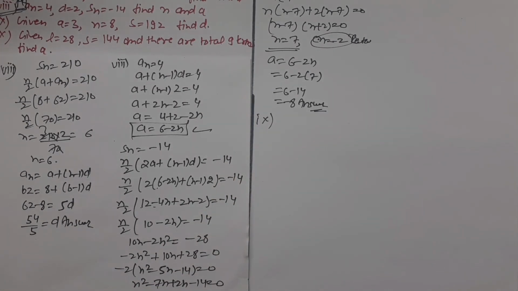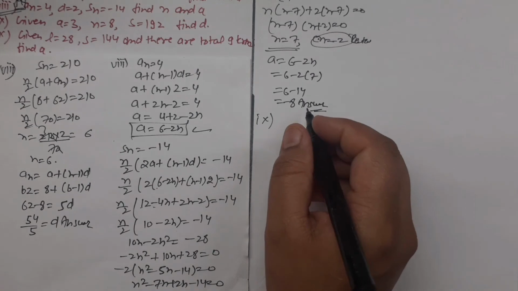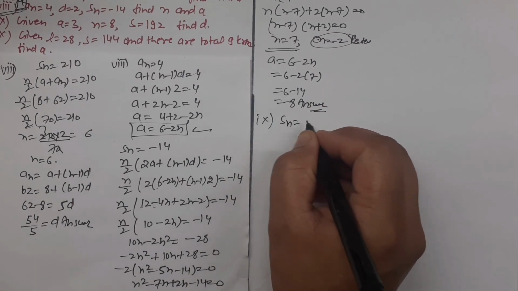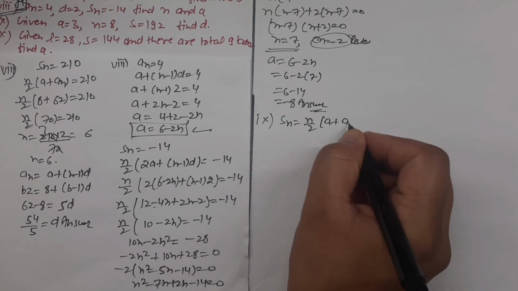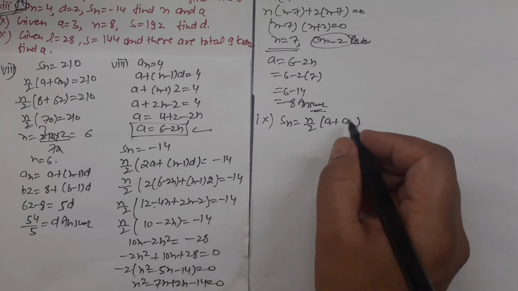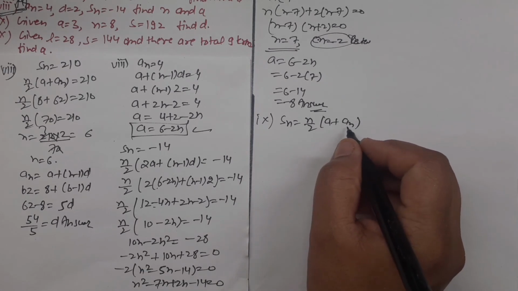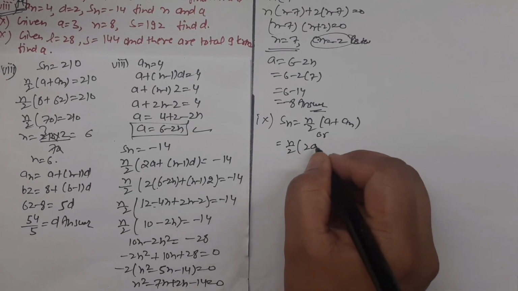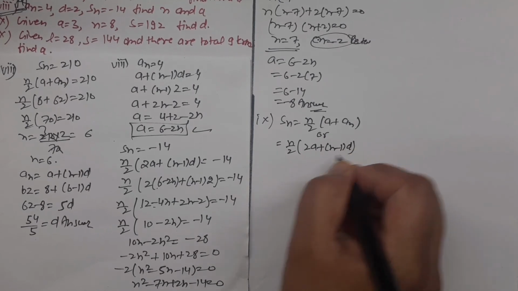a = 3, n = 8, S = 192. Find d. Formula of S_n: n by 2 (a plus a_n), or we will put here n by 2 (2a plus (n minus 1)d).